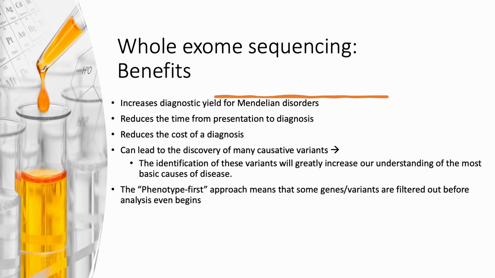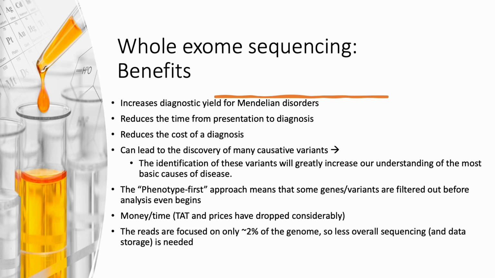This means that before analysis even begins, some genes or variants may be filtered out based on the patient's clinical presentation. This targeted approach streamlines the diagnostic process. Moreover, advances in sequencing technology mean that the turnaround times and prices have dropped considerably. This is great news for patients as it means faster results and less financial strain.